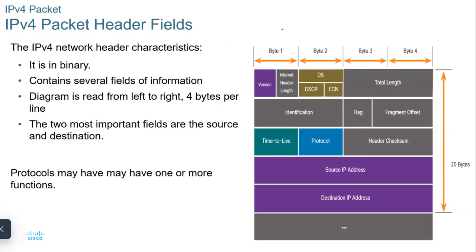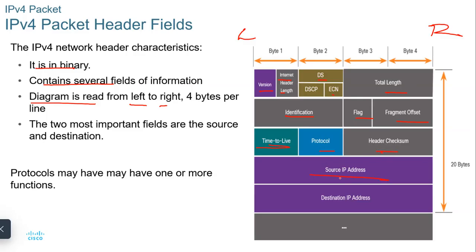It contains binary, with several fields of information. The diagram is read from left to right. We have version, internet header length, differentiated service, total length, identification, flags, fragment offset, then mainly time to live, protocol, and header checksum.